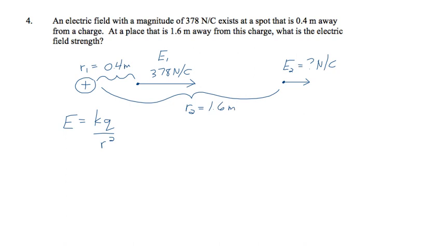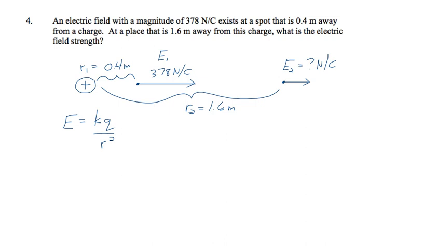The electric field there is going to have the same K, the same Q, but a different R. I know the value when it's R1, so I'm going to do it like a conversion.